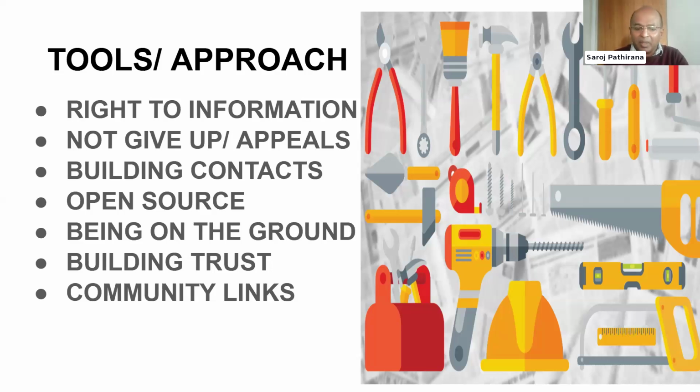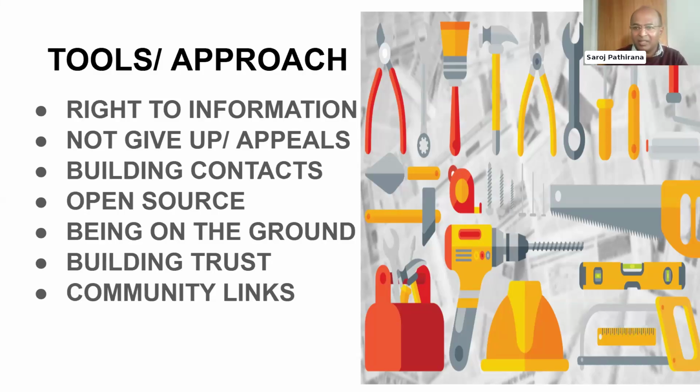The major tool I used for my investigation was the Right to Information Act. In Sri Lanka, the Right to Information Act is very powerful. Now we can get a lot of information, but as I told you, because the allegations go up to the level of the Attorney General's Department, the state officials were very reluctant to reveal any information.